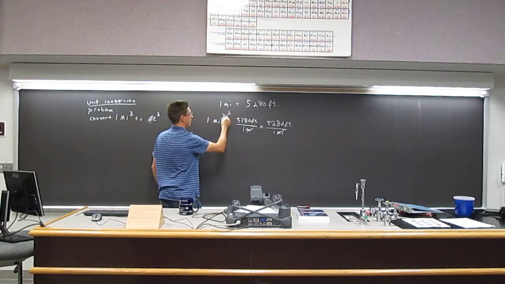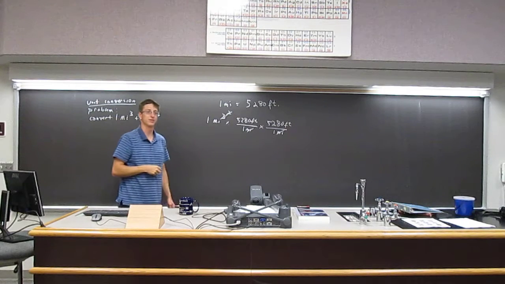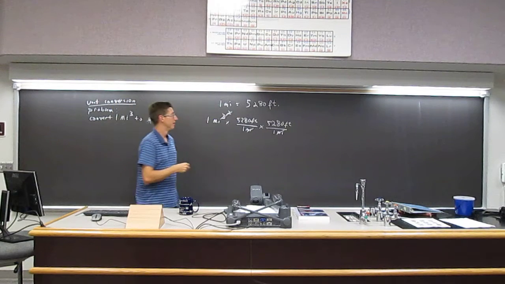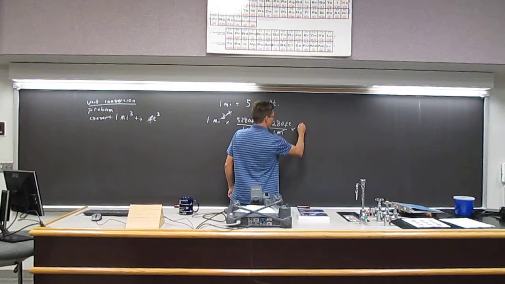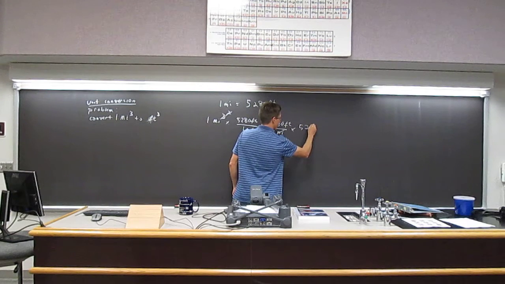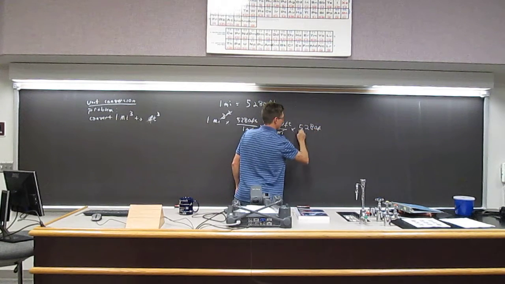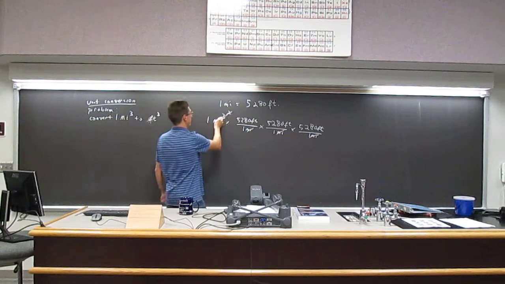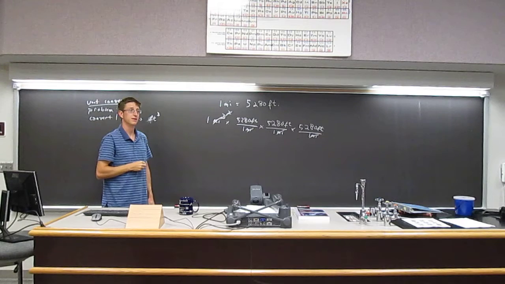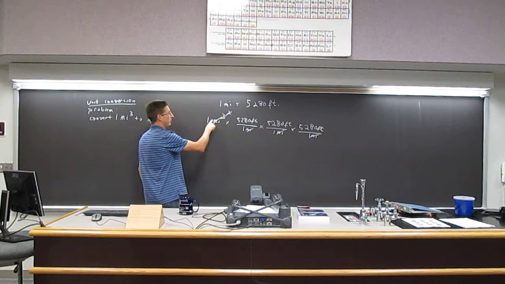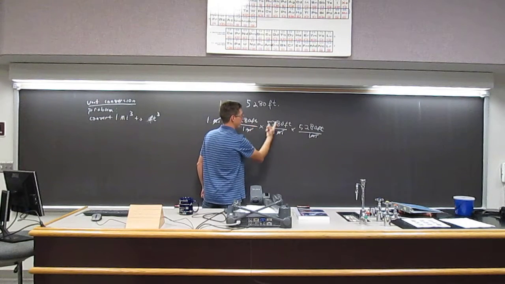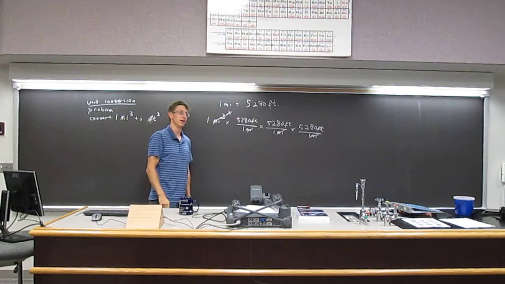And then if I canceled that mile, I'd be back without an exponent. And so I need to multiply by 5,280 feet over 1 mile once again. And then this would cancel all the miles. So if I multiply all these things together, I'm left with a foot cubed as a unit.